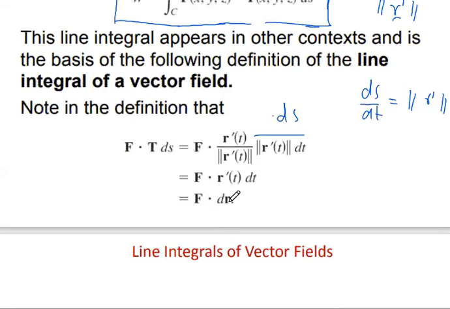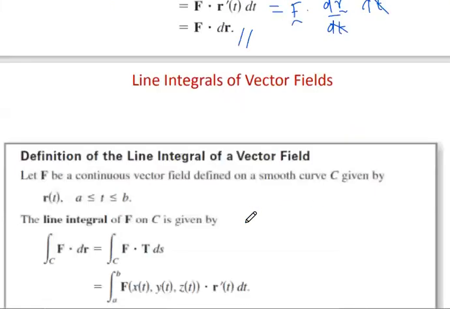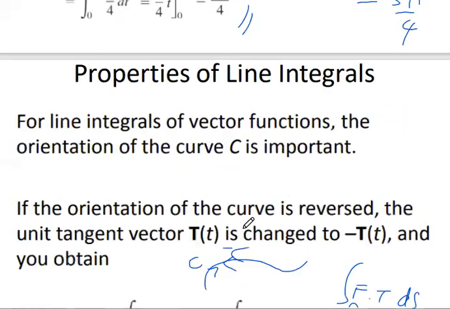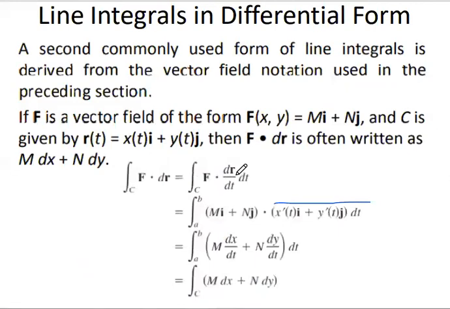So this is the same as F dot dr by dt. Here r is a vector, and you can cross this one. That's why you have this F dot dr. Those are notations. Then you can put dt.